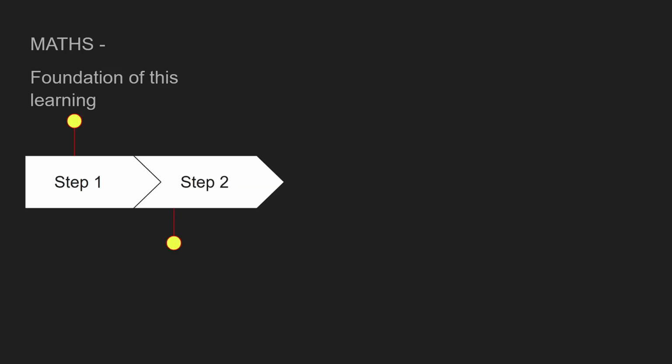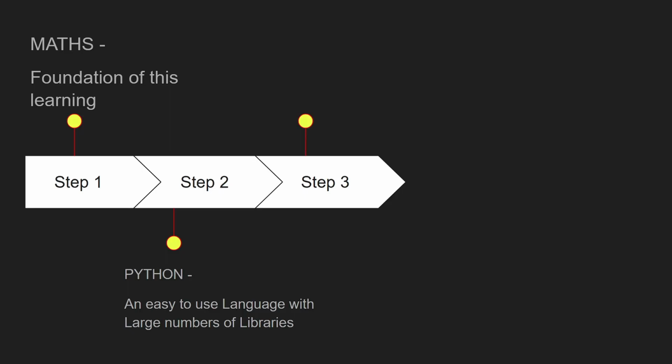And the second step is Python. You must master a language, and we all know that these days Python is the best language, easy to use, with a large number of libraries, and we can master it. You can have Python in your bag to master AI. Step 3 is data analysis, which is used for prediction.